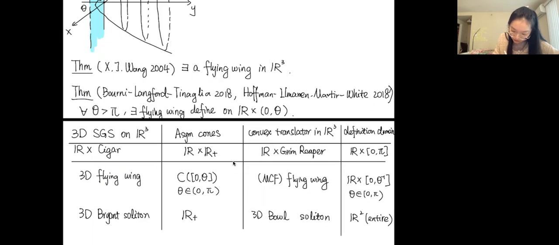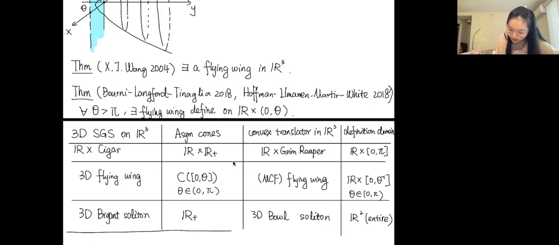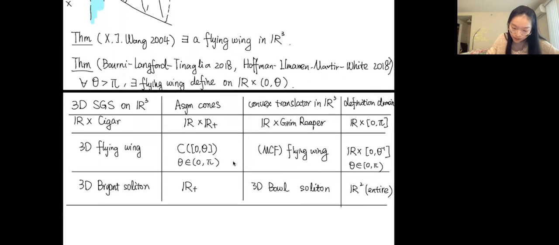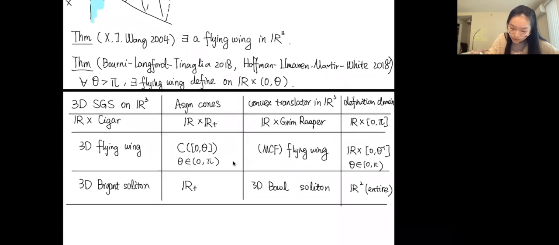A natural question to ask is whether this is a complete classification of 3D static gradient Ricci solitons. To answer this big question, we first look at the last row here and check whether there is a one-to-one correspondence.